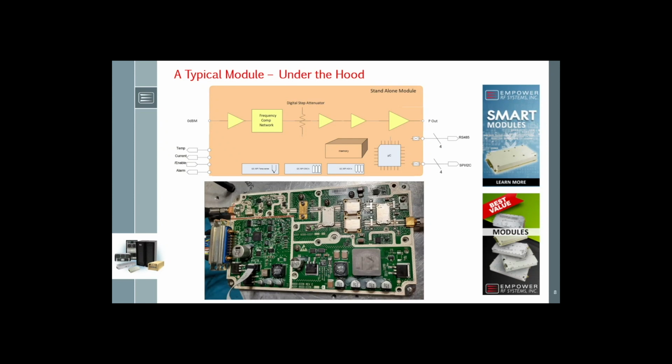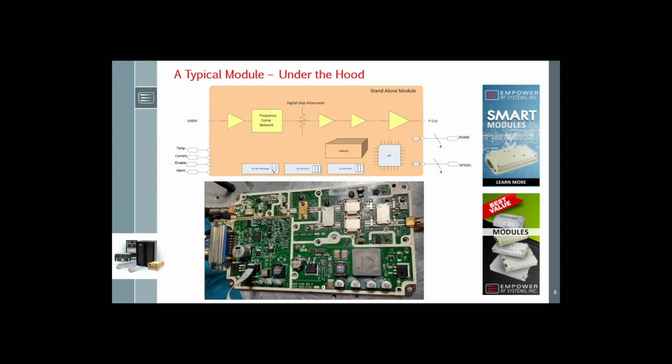Okay, let's start by looking at this module as an independent module. Consider that the voltage you need is always 28 volts or 48 volts or 50 volts that you apply to a standard module.